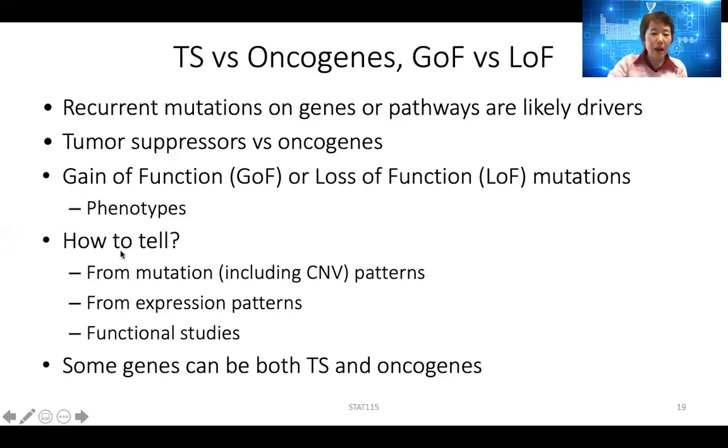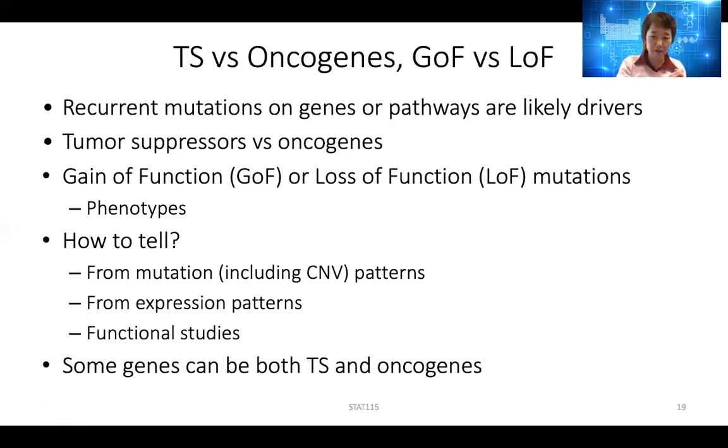So from the mutation, how can you see whether something is a gain of function or loss of function mutation? You could look at mutation patterns, including the copy number variation patterns. You could also look at their gene expression patterns. Of course, Gary Getz mentioned last lecture that these are all hypotheses.